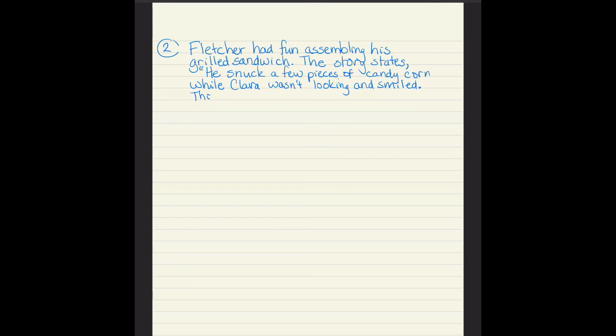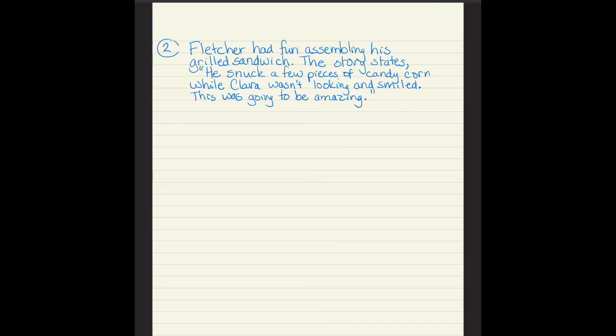Period. This was going to be amazing. And I'm ending my quote right there. Those are the author's exact words. That's why they have to be in quotes.